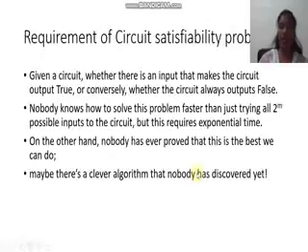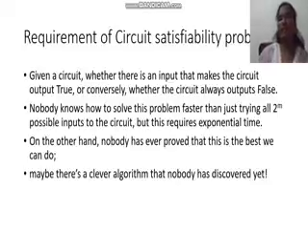The question in the circuit satisfiability problem is whether we can find an input that makes the circuit always output true, or conversely whether the circuit always outputs false for a particular input.